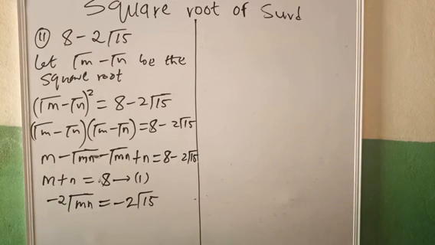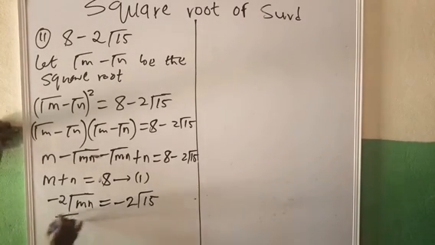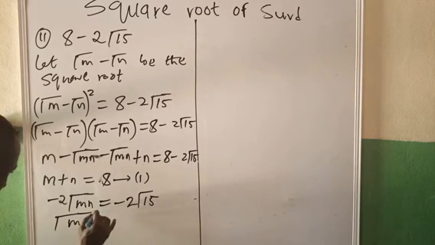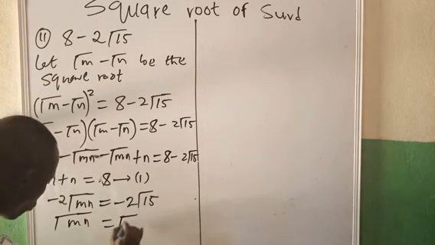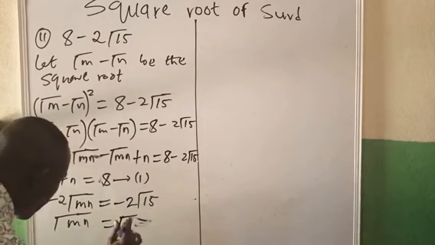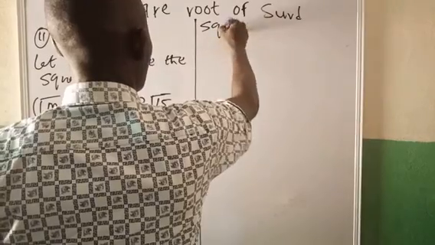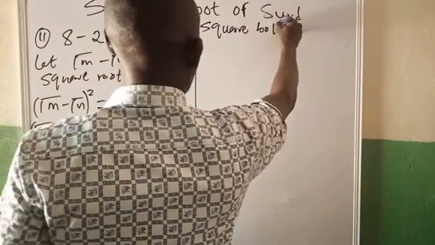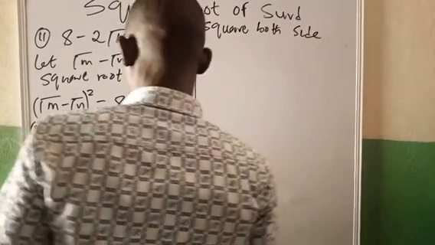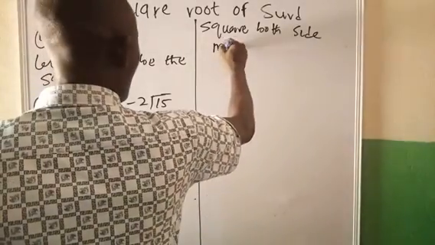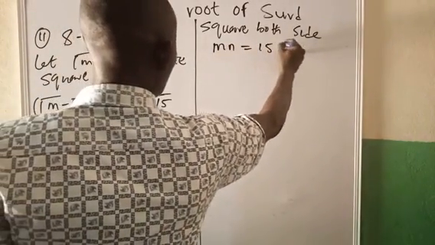Take note. So, if minus 2 cancels minus 2, I will have root mn equal to root 15. So I square both sides, and I have mn is equal to 15.